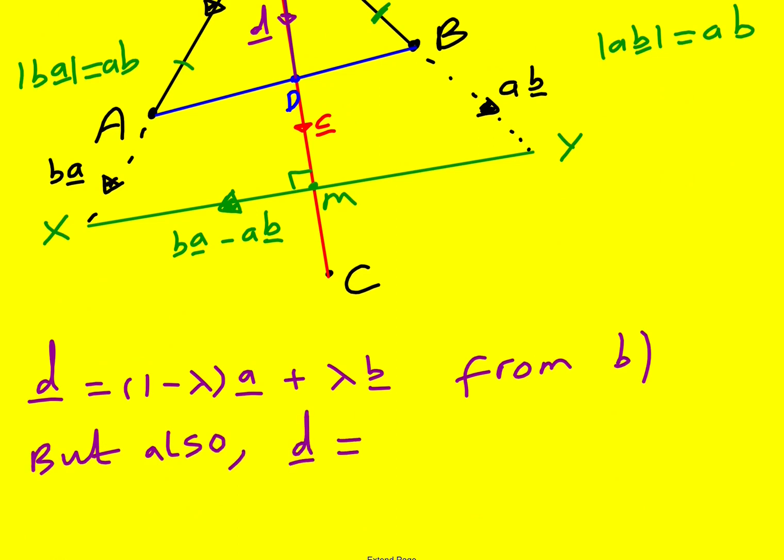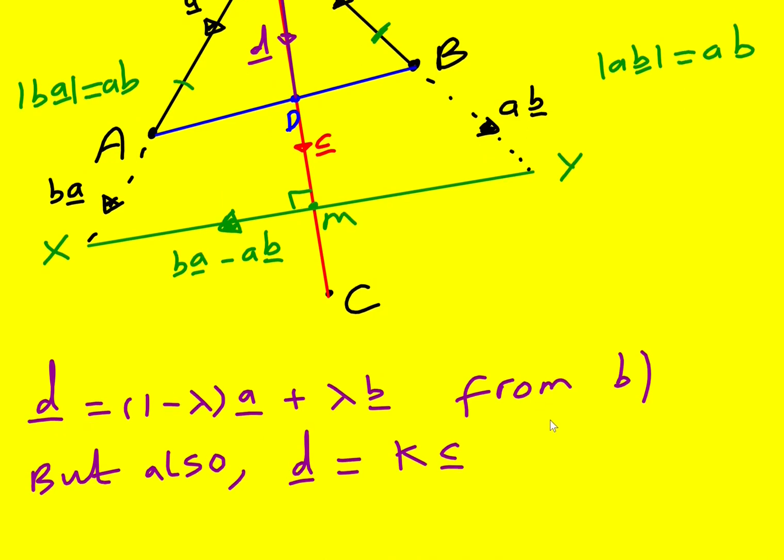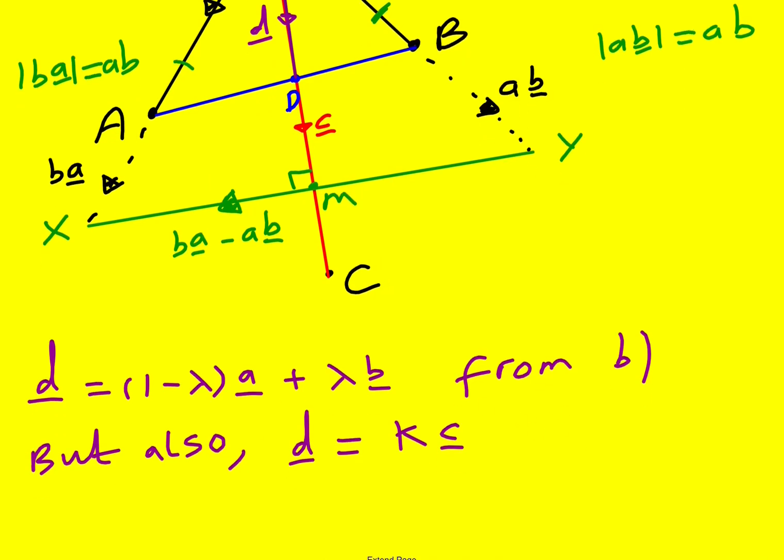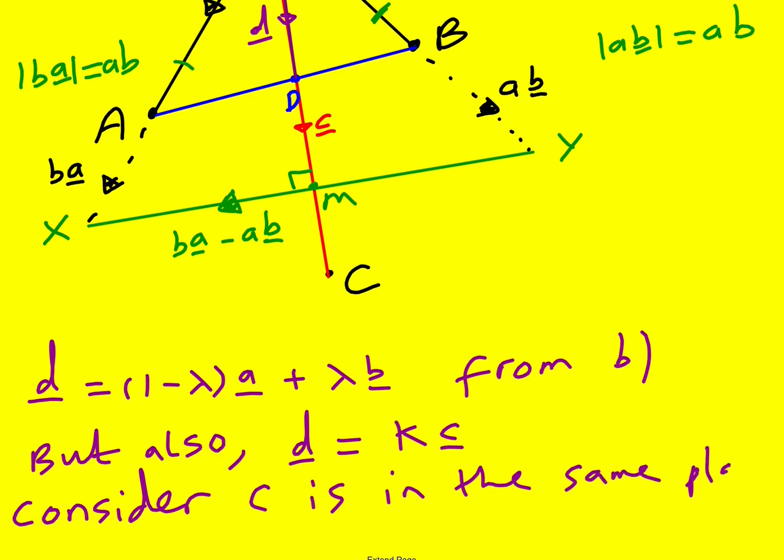So D is going to be some constant times vector C. And to make life a little bit easier, C could be anywhere, so consider C is in the same place as capital M. So why not let it be on this base of the triangle?